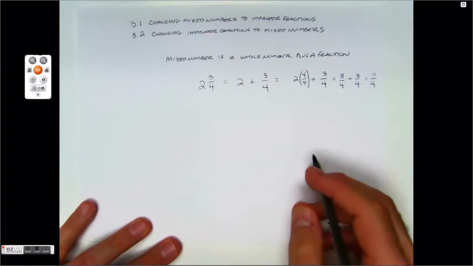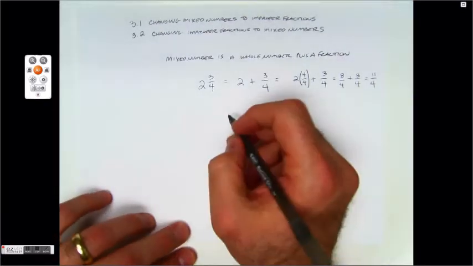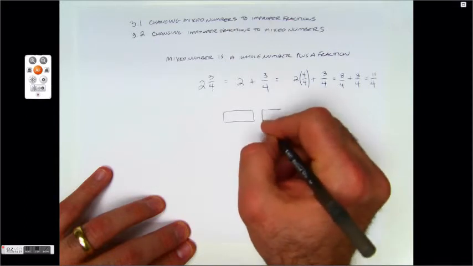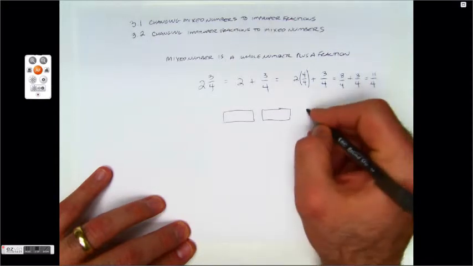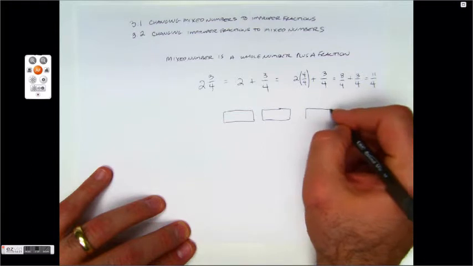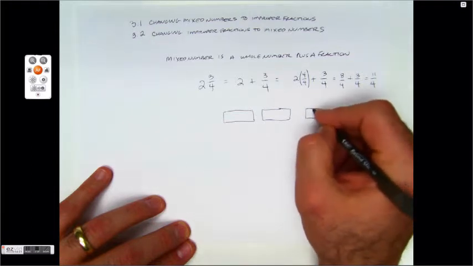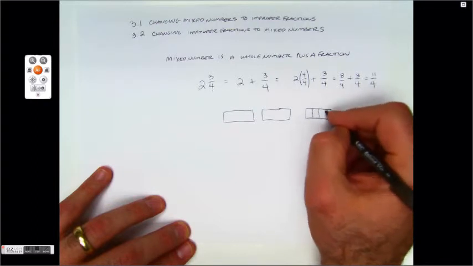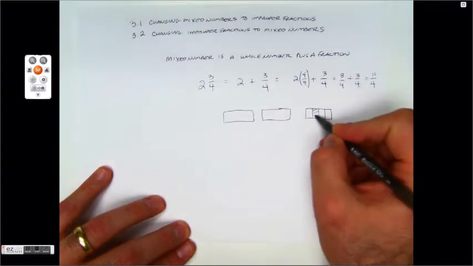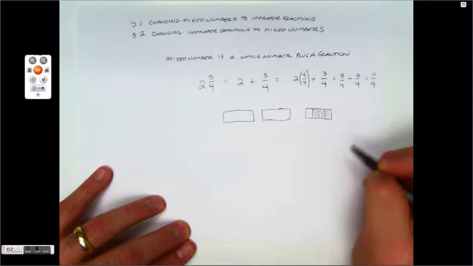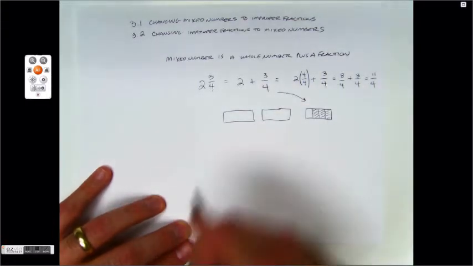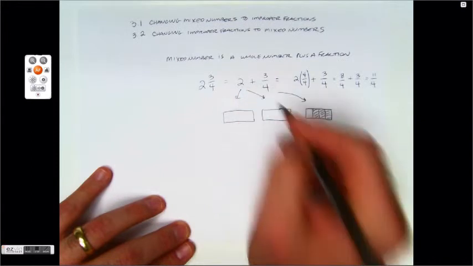So what that shows us, let's show a picture here. If we had, let's use blocks. So we had 2 whole blocks, and then we had a block here, but we only have 3/4 of it. So let's break this into fourths. We only have 3/4 of them. So this is what we have. We have 3/4. So this represents the 3/4 here. And then we have 2 whole blocks here.